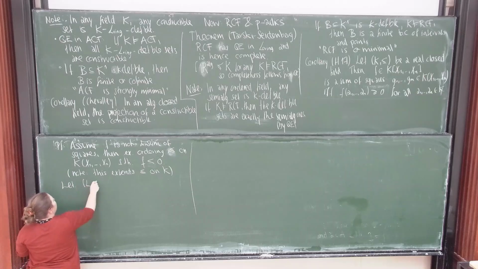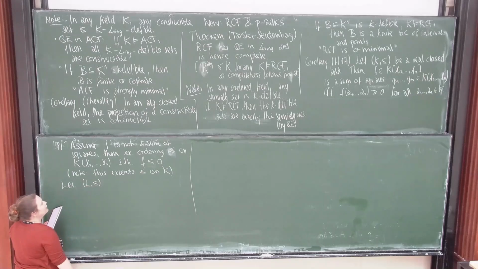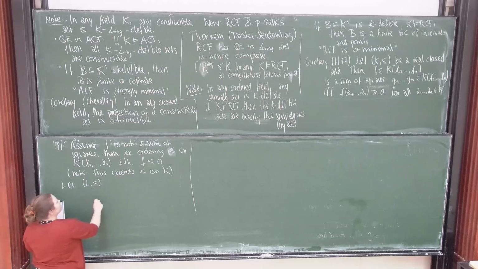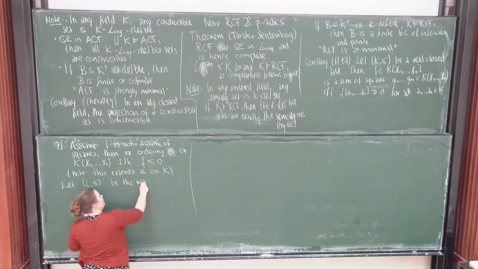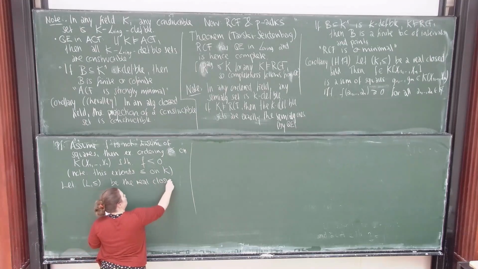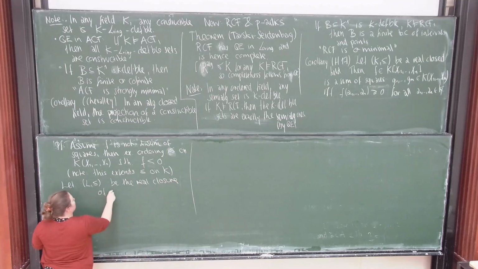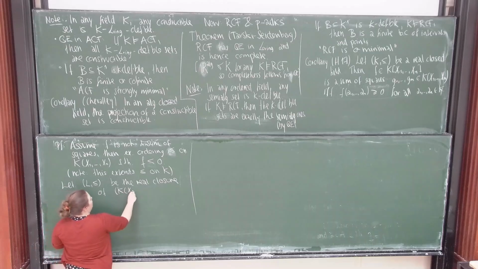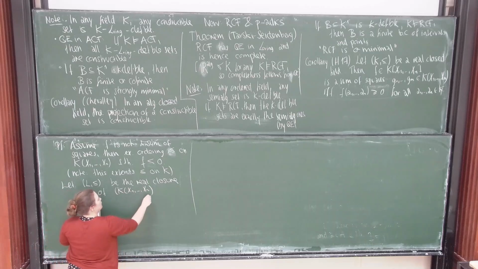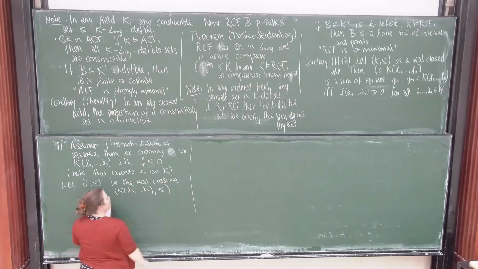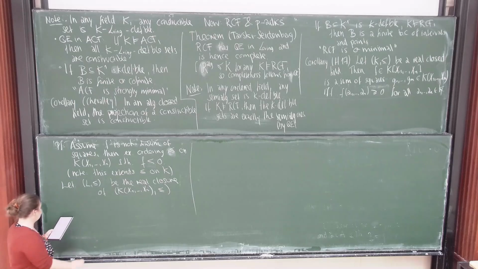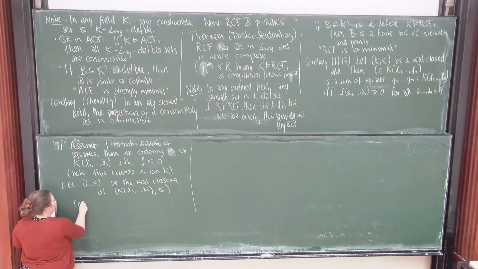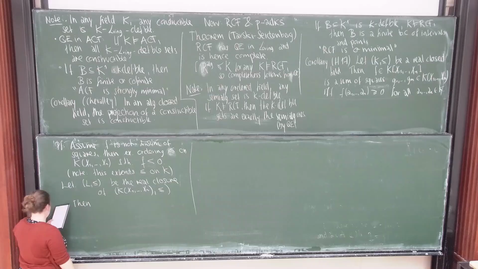Now every ordered field has a real closure, so let L be the real closure of this ordered field. So every field has a unique real closure, up to isomorphism, like algebraic closures.